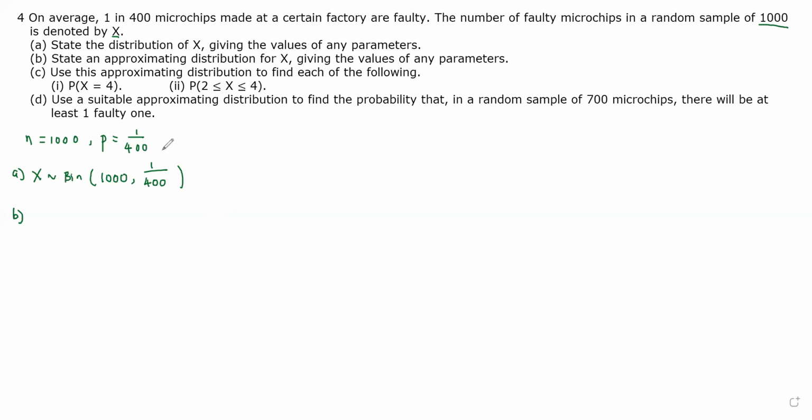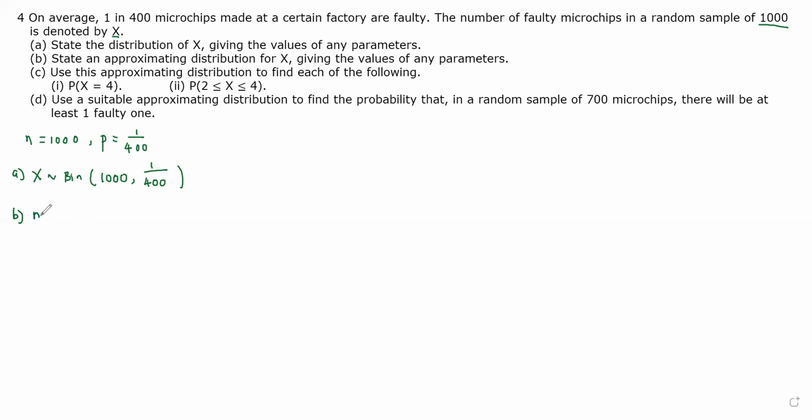Then we look at p. For binomial to be approximated by a normal distribution, p must be close to 0.5. p here is very small.